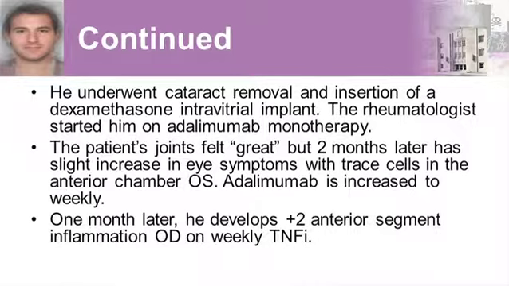But 2 months later, he had some recurrence on adalimumab monotherapy. His steroids had been tapered. He now has increased eye symptoms with some trace cells in the anterior chamber on the left. They collectively agreed to increase his adalimumab from every other week to weekly. Then 4 weeks later, after weekly adalimumab, he is now flaring with bilateral disease.